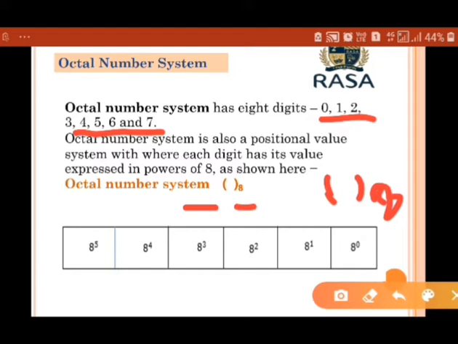Representation is same but digit is different. Like we make a table: 8 to the power 0, 8 to the power 1, 2, 3, 4, 5 and so on. So base is 8.